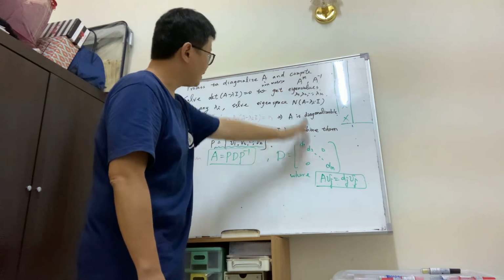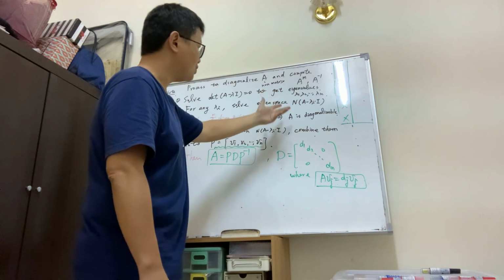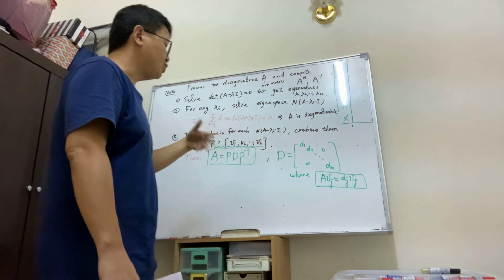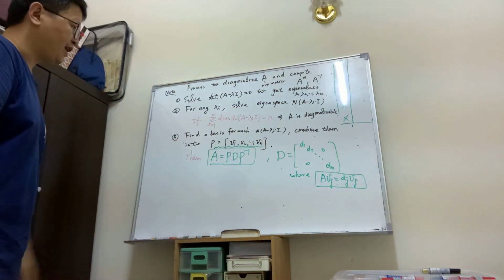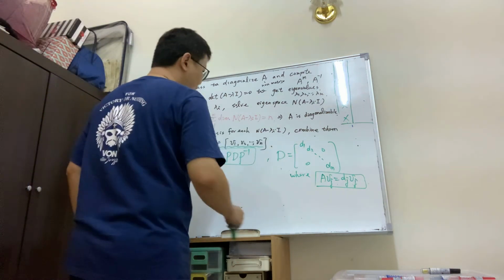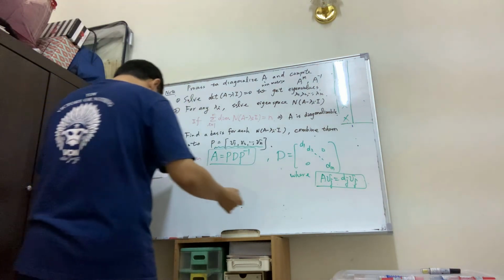If I use the same notation, you might get confused, because some of them have repeated roots, repeated eigenvalues. So I use this notation, d_j.